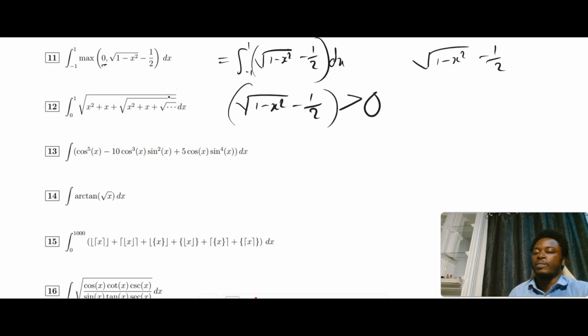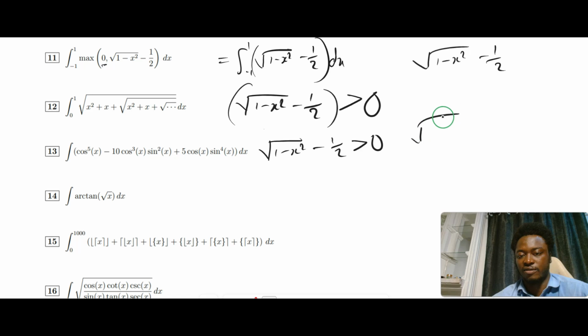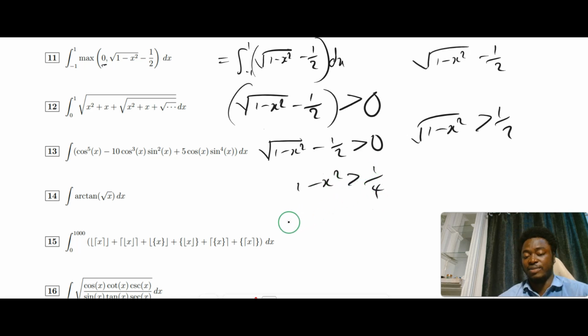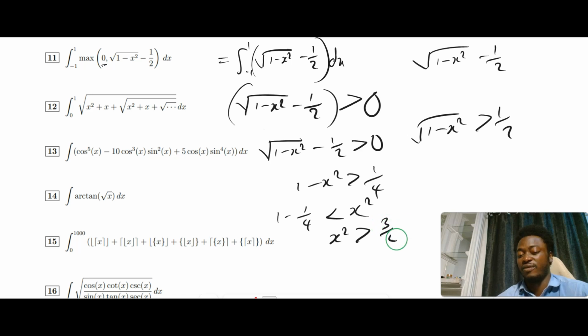Okay, to figure this out, we need to be sure that square root of 1 minus x squared minus half is bigger than 0, which means square root of 1 minus x squared is bigger than half, which means we can square both sides. You get 1 minus x squared is bigger than 1/4, and basically 1 minus 1/4 is less than x squared, or that x squared is bigger than 3/4.